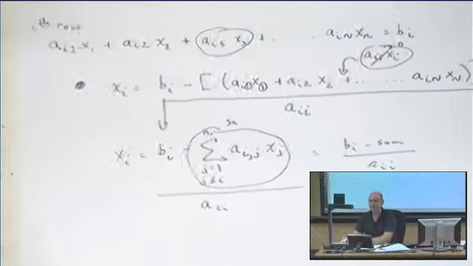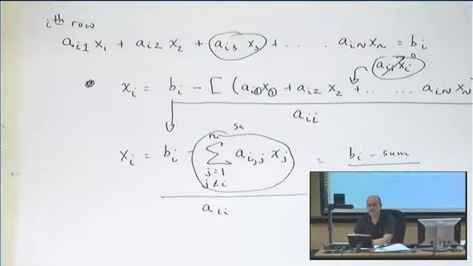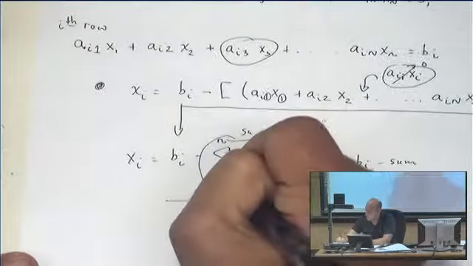Now, I think I mentioned this in the other videos, but anytime I see a summation, that's a hint to me that that's a for loop. A summation is a perfect example of a for loop. And it's so easy.